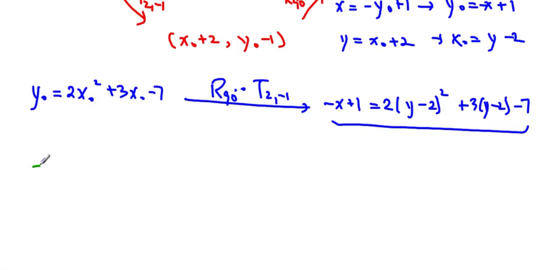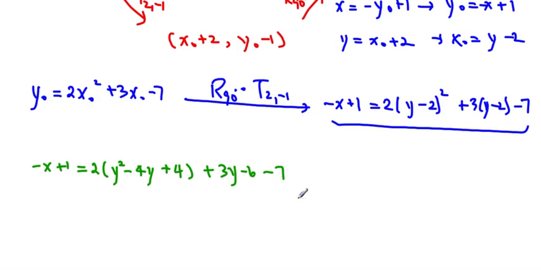This is the answer, but if you have to rewrite this one, I'm going to just write down negative x plus 1, which is equal to 2 times y squared minus 4y plus 4, plus 3y minus 6, and then minus 7.